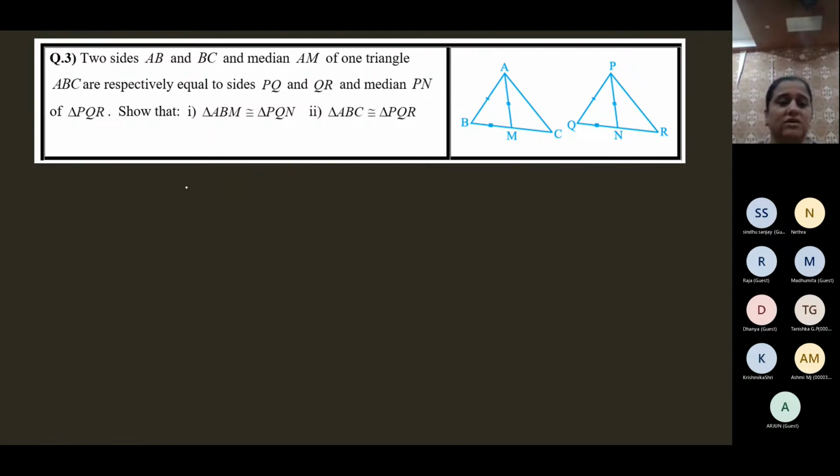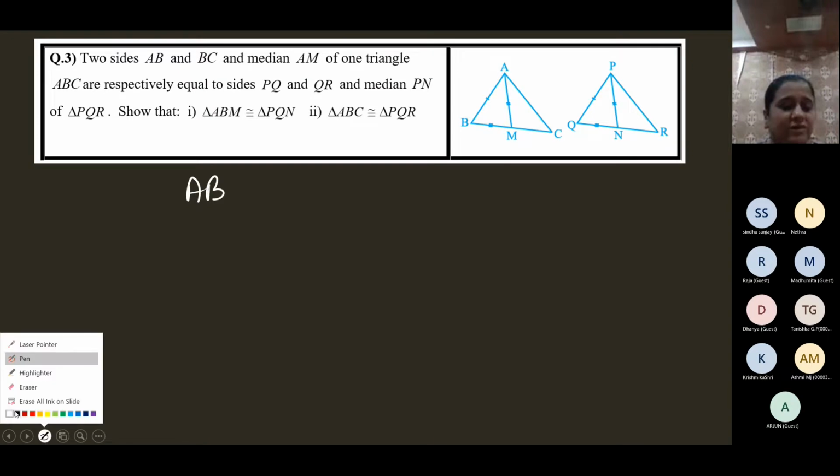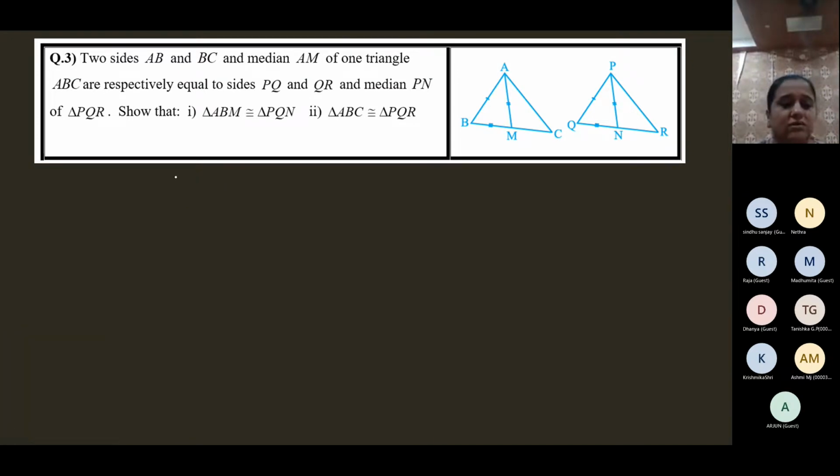I'll tell you again. See here, two sides AB, BC, and median AM, all this of triangle ABC. There is one triangle ABC, and there's another triangle PQR.